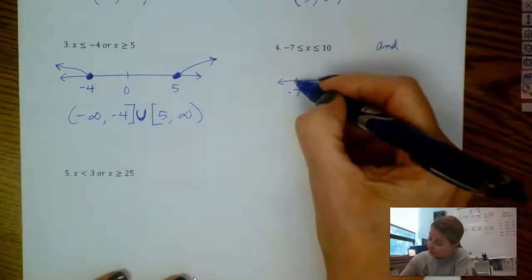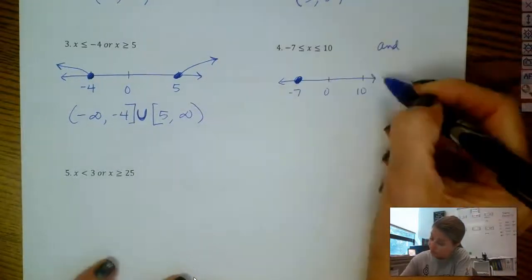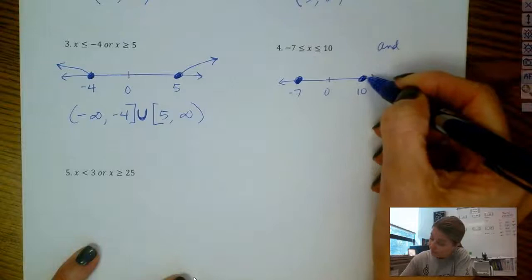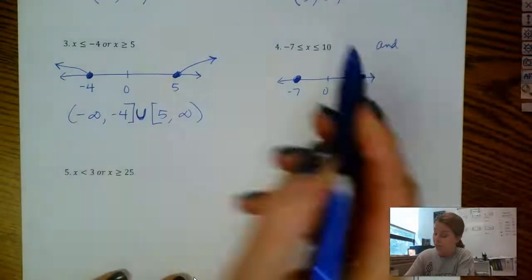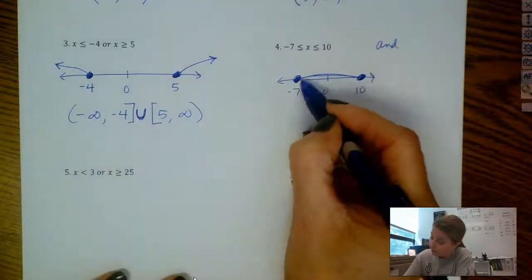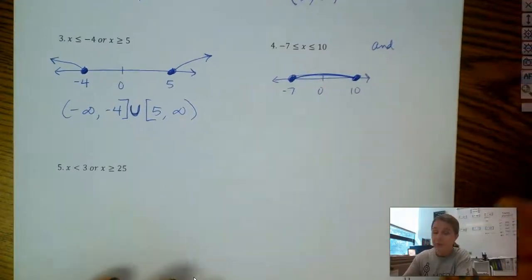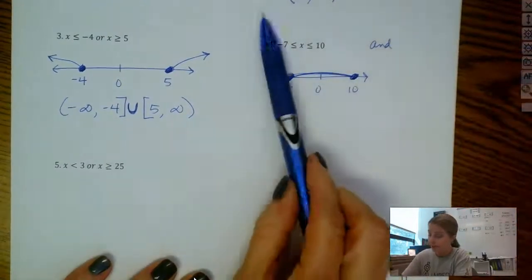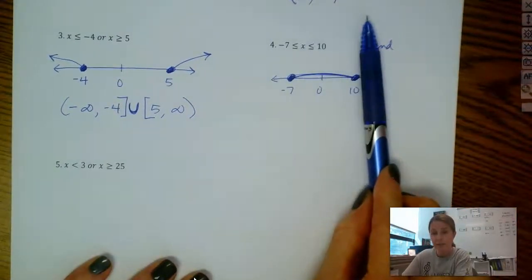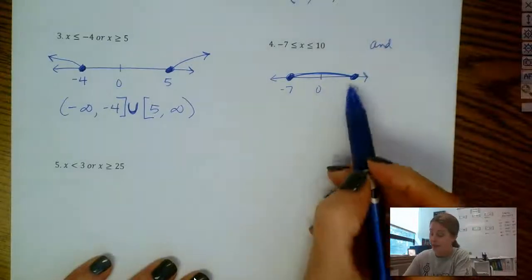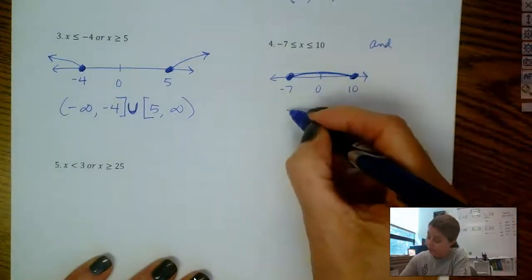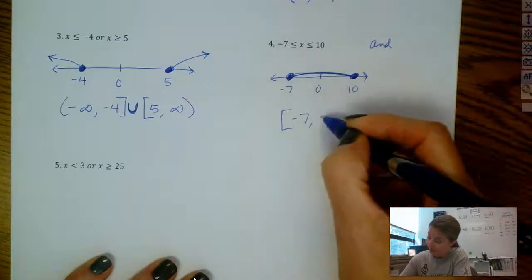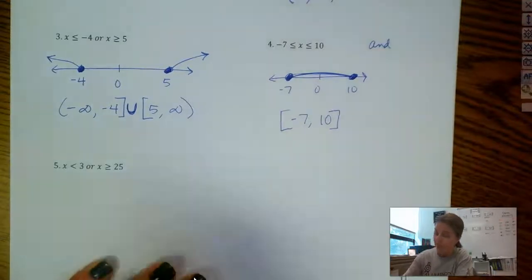So they both are closed circles. And so it's going to be joined between them because it's all the values in between. So here is my interval. Small number, -7, large number, 10, and they both get brackets because they're closed. So bracket -7, comma 10, bracket.